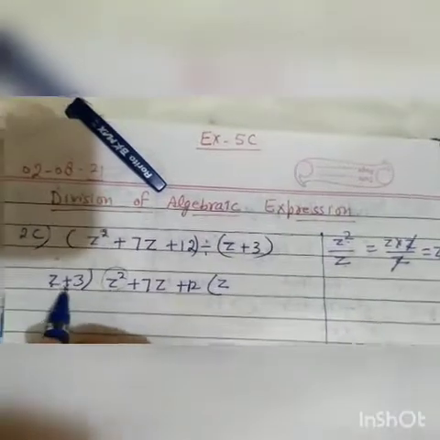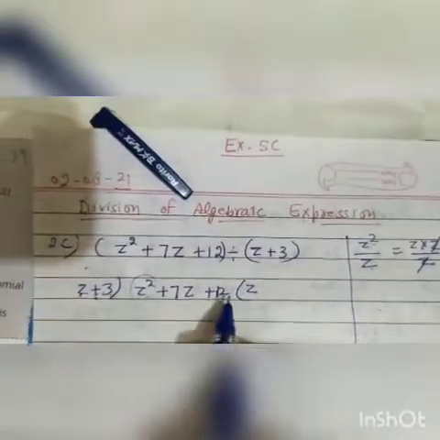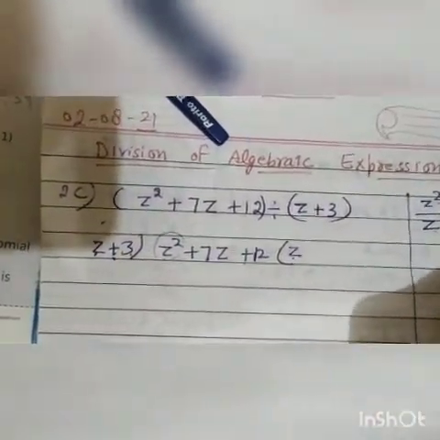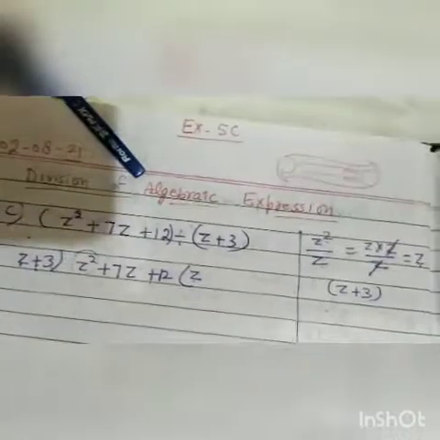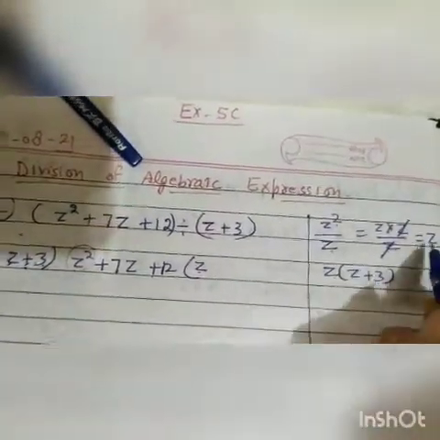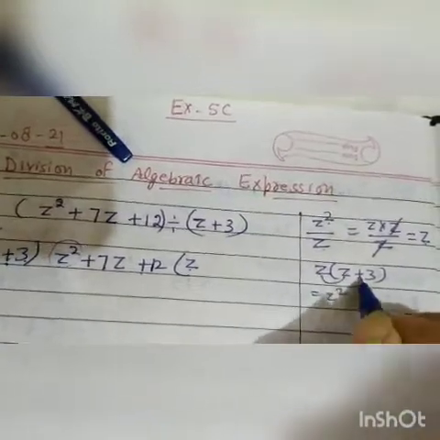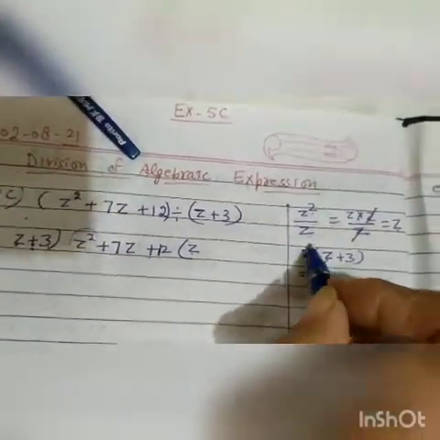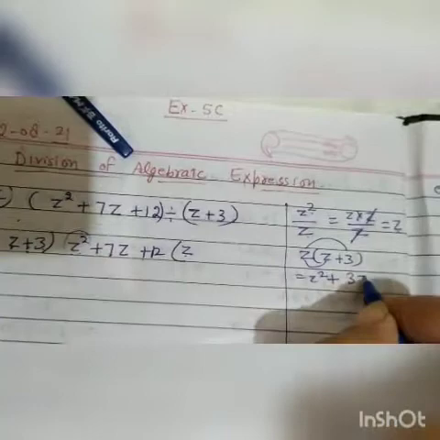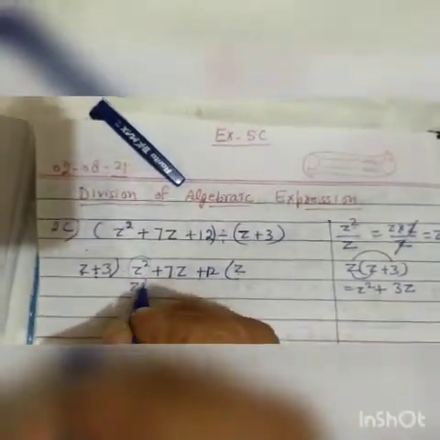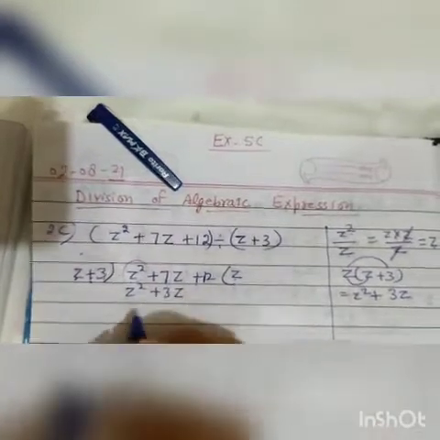Now this z plus 3 will be multiplied by this z. Z multiplied by z is z square. Then plus z multiplied by 3 is 3z. So we will write this product, z square plus 3z, here.